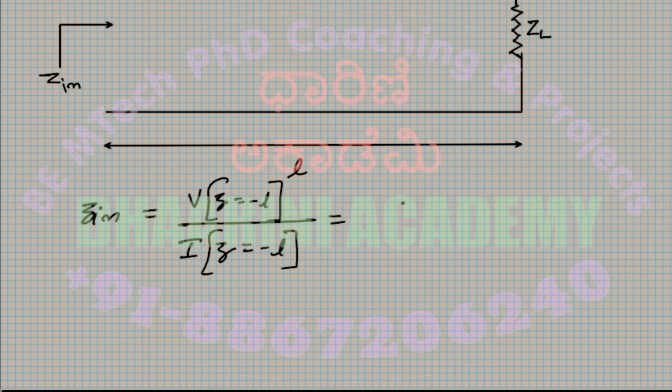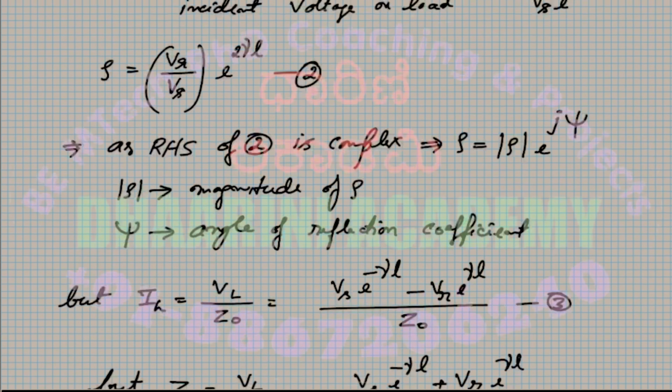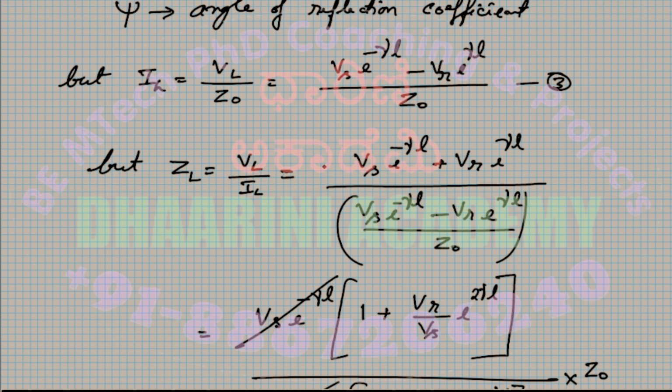At any point Z, you can calculate. So that is equal to the characteristic impedance Z naught into, this equation, the one with Z naught on the top.